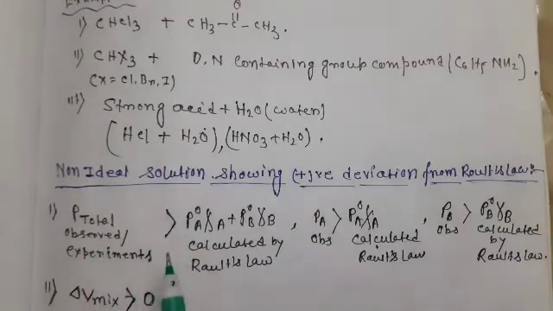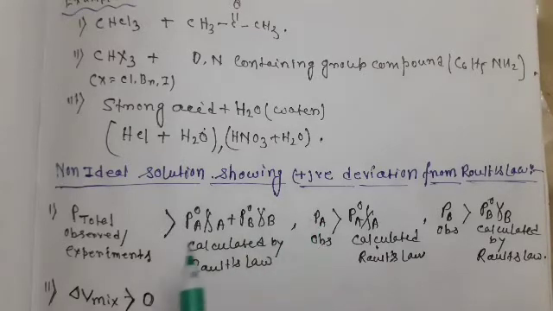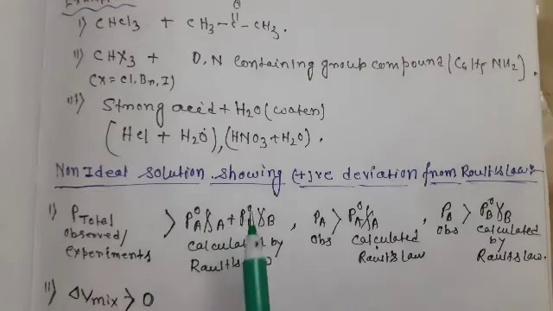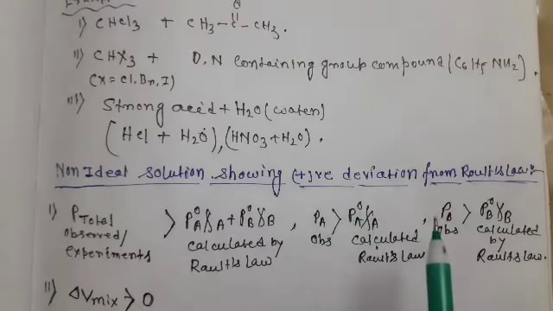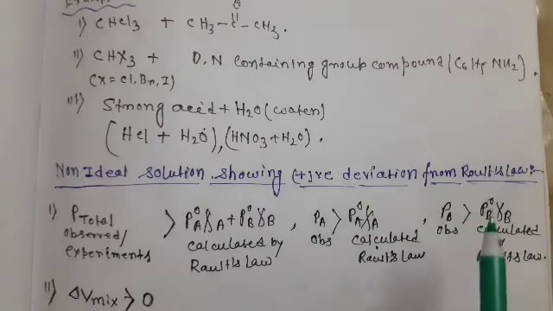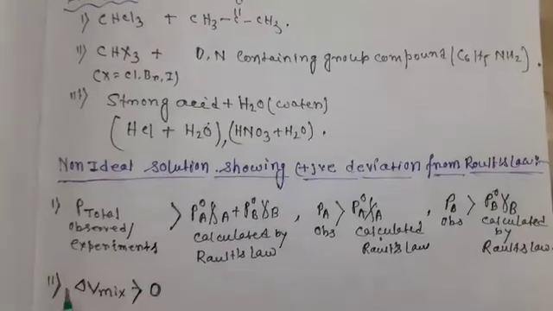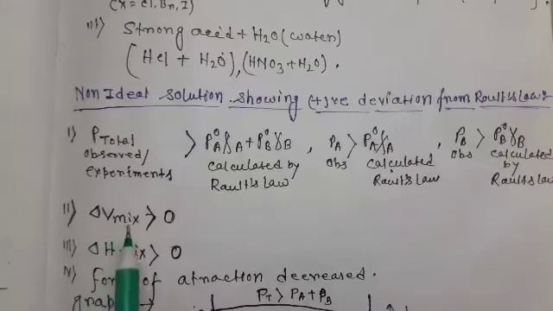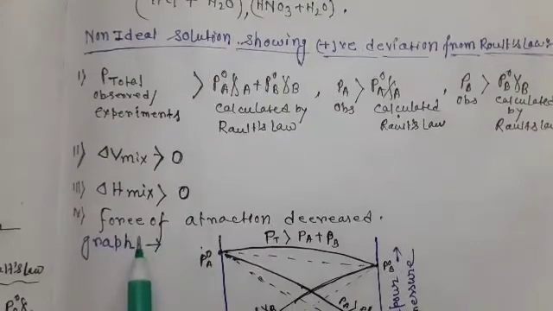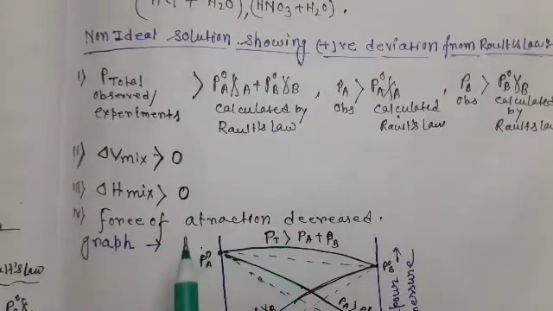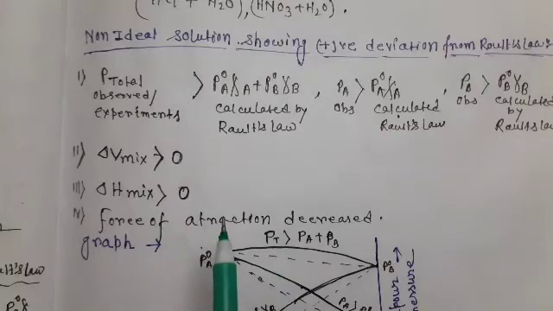That means P total observed is greater than P naught A χA plus P naught B χB, and PA is also greater than P naught A χA, and PB is also greater than P naught B χB. For a non-ideal solution with positive deviation, ΔV mixing is greater than 0 and ΔH mixing is also greater than 0, and the force of attraction decreases. When two components are mixed to form a solution, their force of attraction decreases.